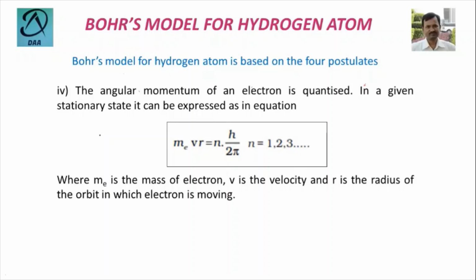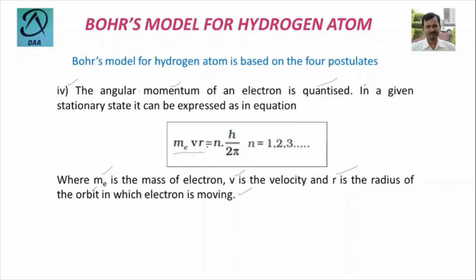Now, the fourth postulate: the angular momentum, which I discussed in the previous class. The angular momentum of an electron is quantized, and in a given stationary state it can be expressed by this equation, where m is the mass of the electron, v is the velocity, and r is the radius of the orbit in which the electron is moving.